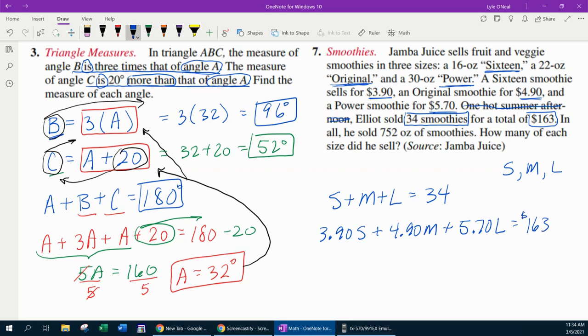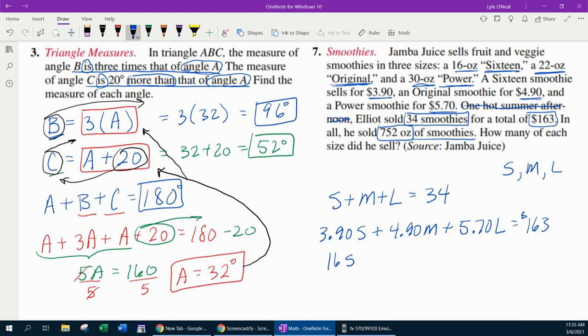And then we're going to need the ounces equation. In all, he sold 752 ounces of smoothie. So, how many ounces were in a small? 16 ounces in a small.